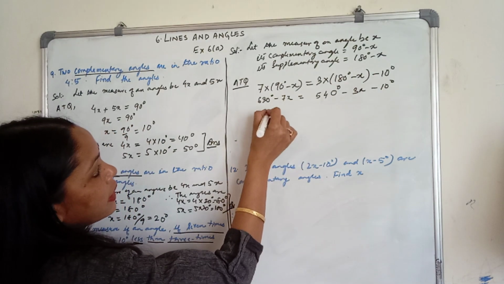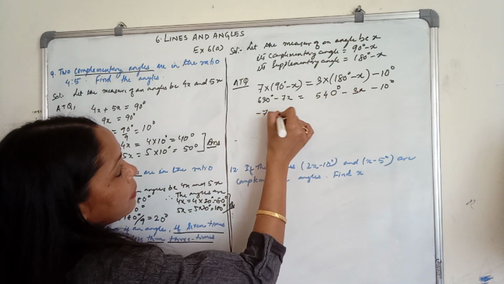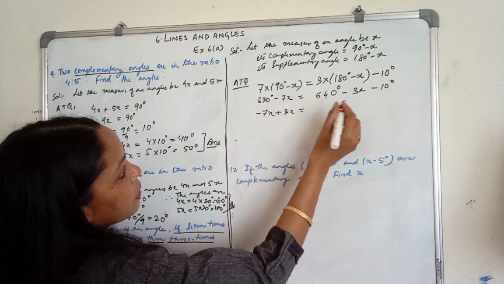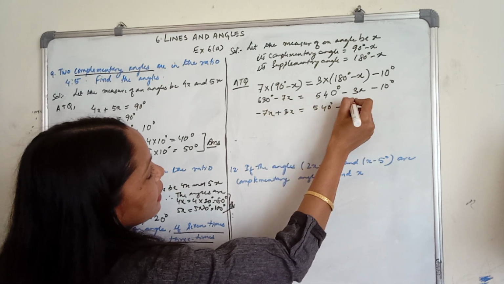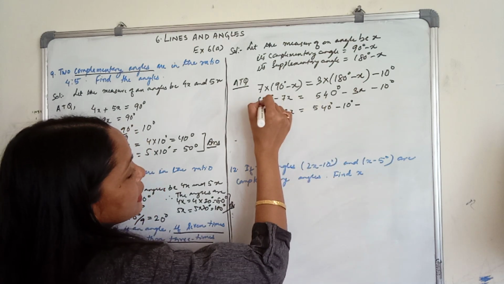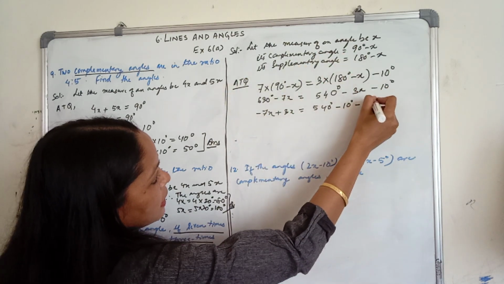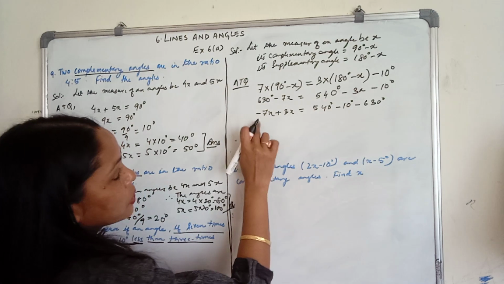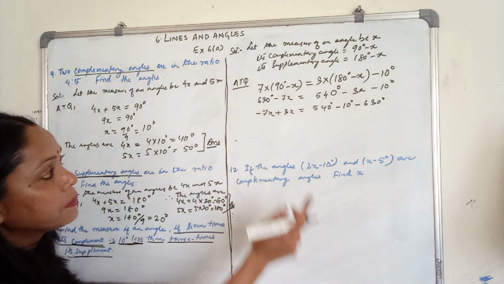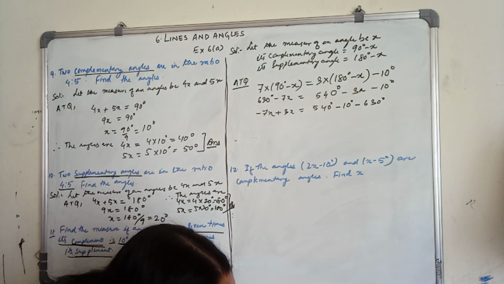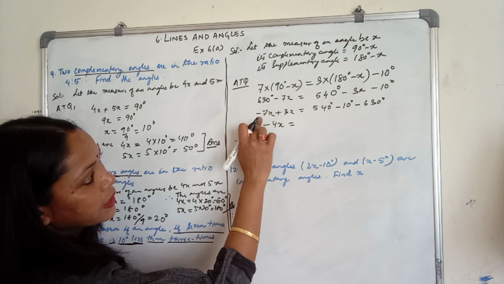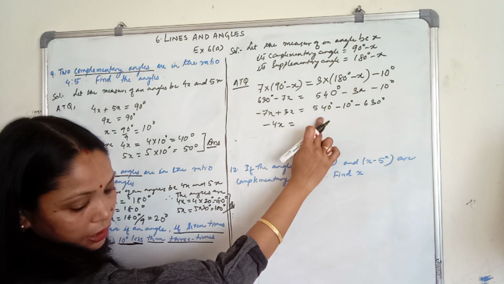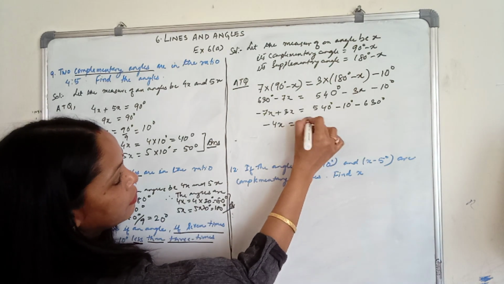So minus 7x, bring this minus 3x plus 3x is equal to 540 degree minus 10 degree, and bring this 630 this side, so this is minus 630 degree. So 7 minus 3 you do, this one will be minus 4x because 7 is greater than 3. 540 minus 10, 530.